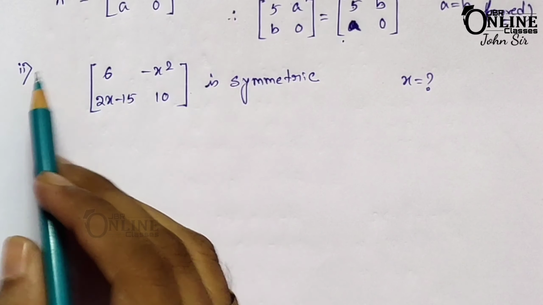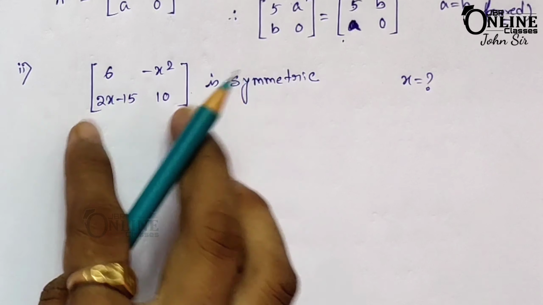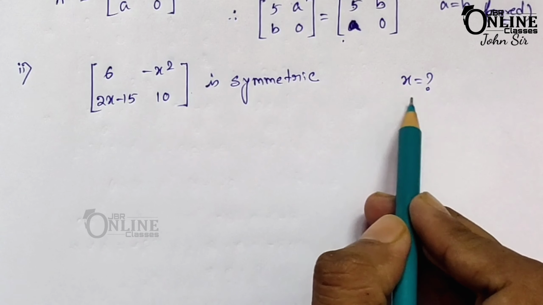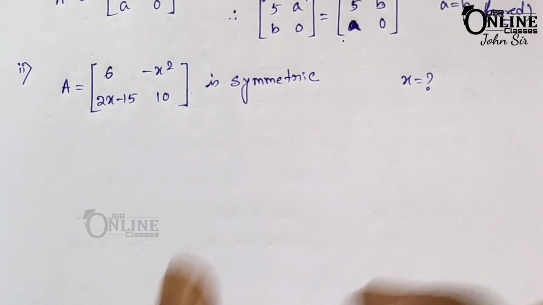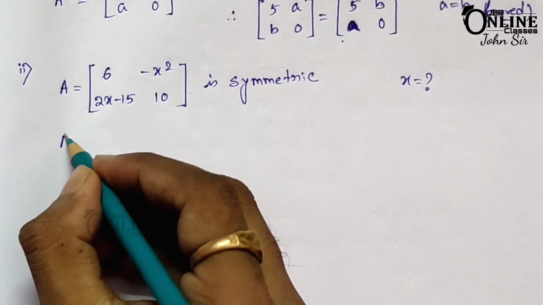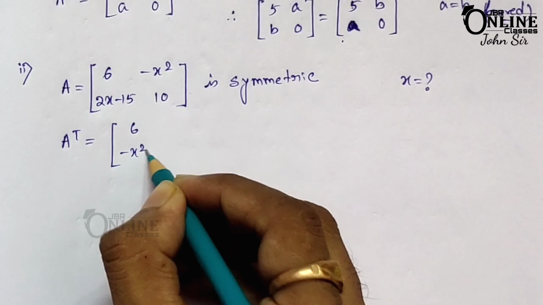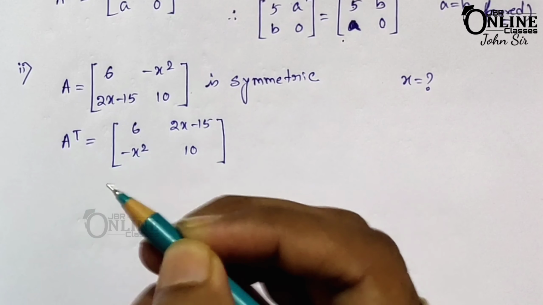Now sum number 7(2). Here this is a matrix, and if this matrix is a symmetric matrix, then you have to find the value of x. So first let A equal this one, so A is a matrix. Then A transpose will be 6 minus x square first column and 2x minus 15 and 10 is the second column.